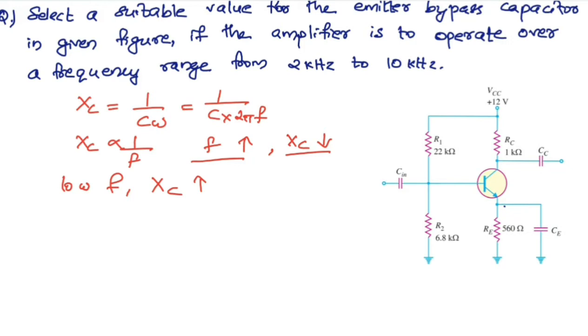So the resistance offered by the capacitor will increase and it will not provide a suitable path to the AC current. So we have to set the value of CE for low frequencies. Suppose let us consider f minimum as the minimum frequency to be handled by CE.